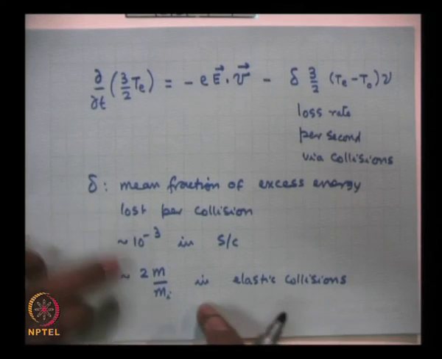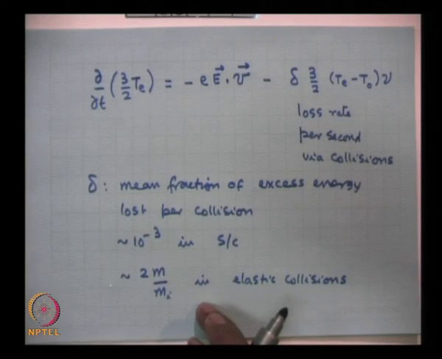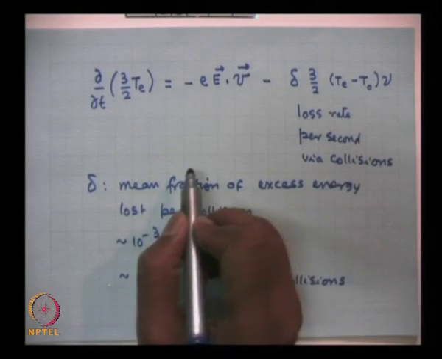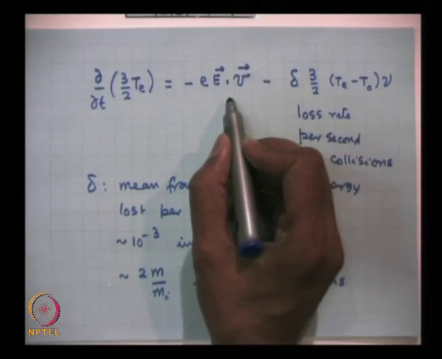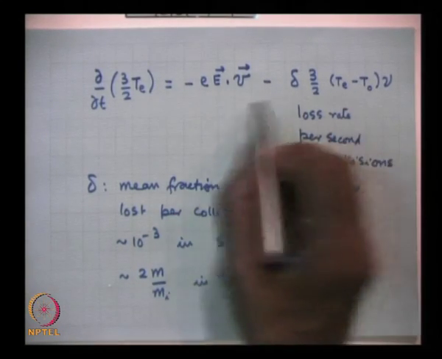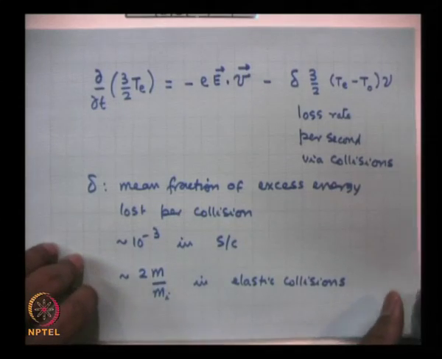So, in a collision, this small energy is lost, and in the steady state what will happen? The energy gain will balance the energy loss. If you equate these two quantities, what do you get?